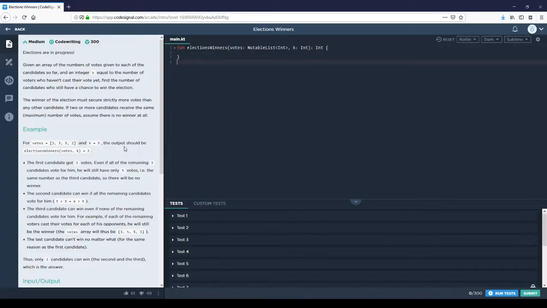So we need the sorted array, and with that we can check: we start from the largest, the bottom of it, and we see if adding these to it would make it the largest. So only these two are possible, so that's it. So votes.sort.